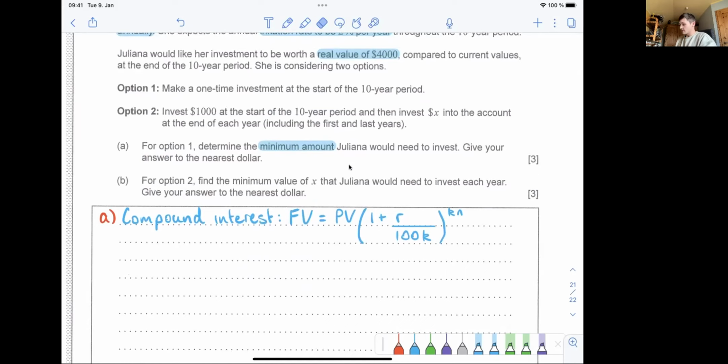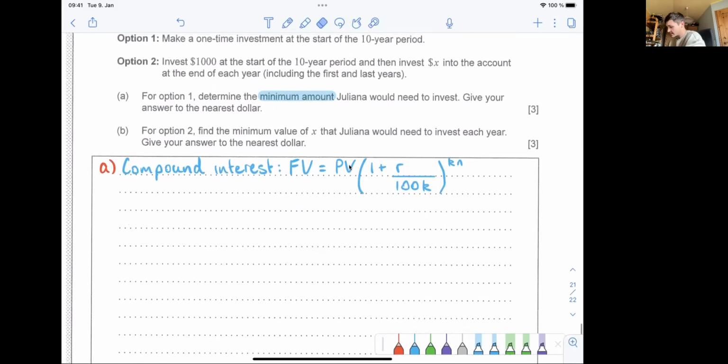So our future value in this equation is going to be our 4,000, adjusted for inflation, which is 1 plus 2 over 100. We were told it's annually, so K is going to be 1.